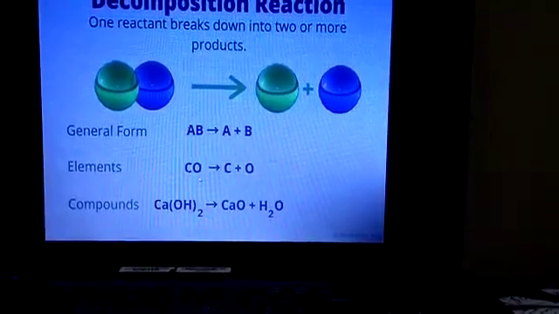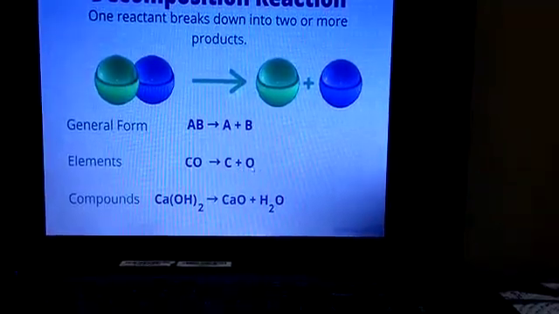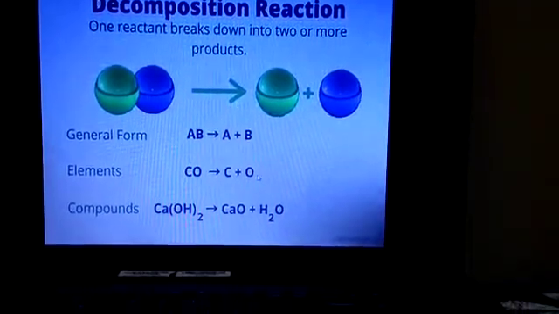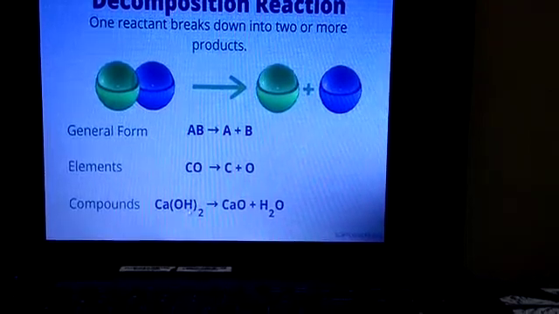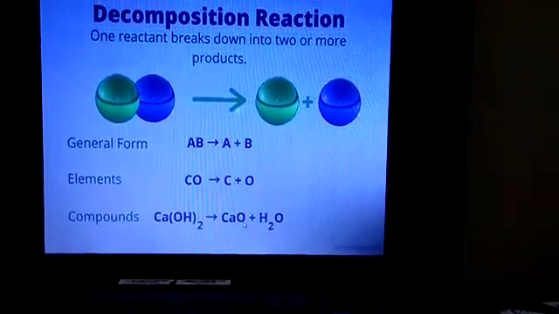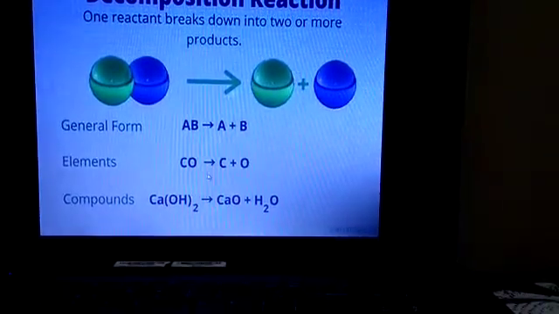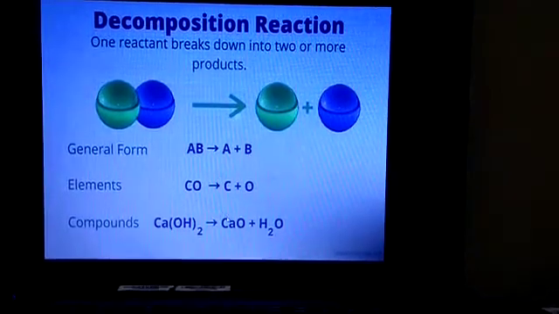Carbon monoxide breaks into carbon and oxygen, that is CO gives C plus O. And calcium hydroxide, when it breaks, gives calcium oxide plus water. These 2 are examples of a decomposition reaction. Some more examples are given in your book.